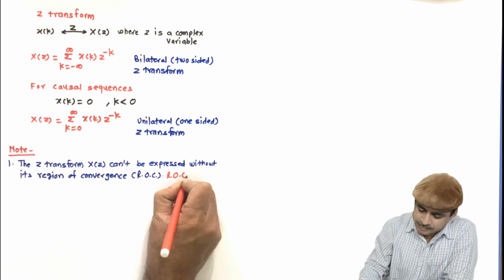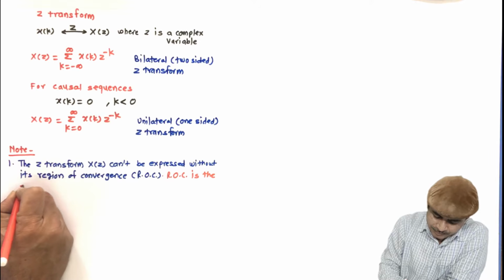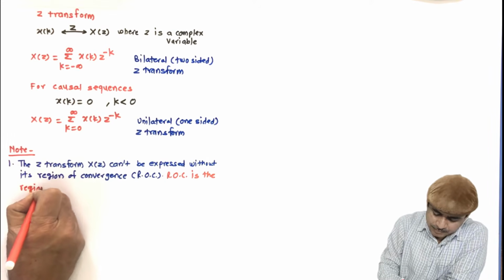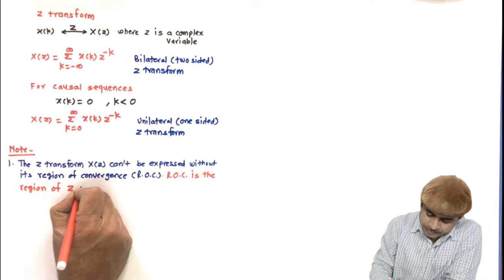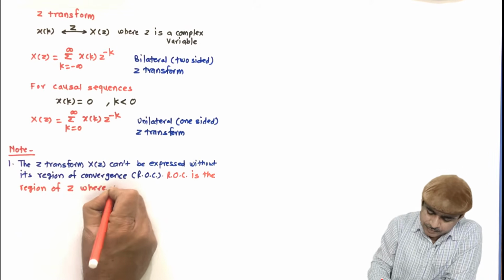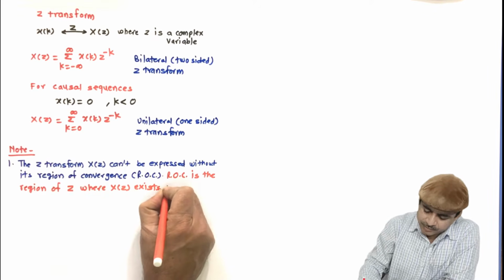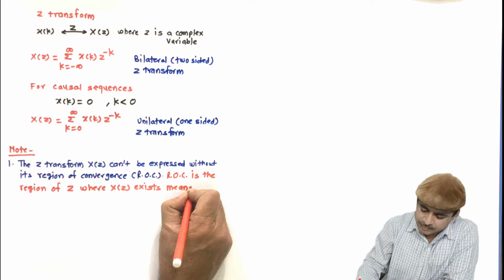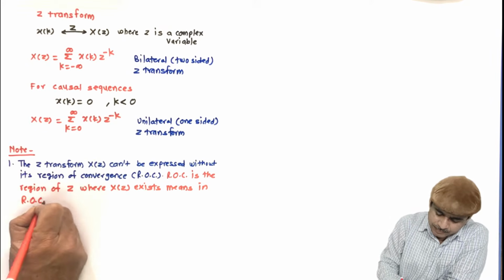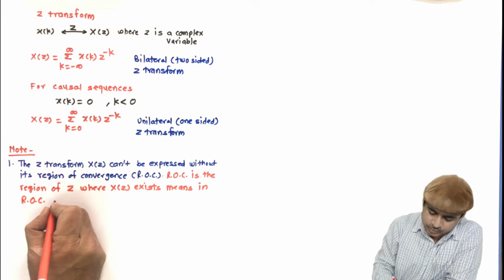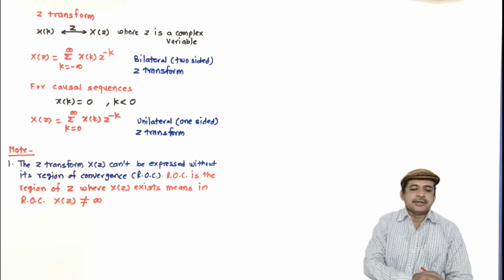ROC is the region of z where x of z exists. Means in the ROC, or for the particular ROC, x of z is not equal to infinity.